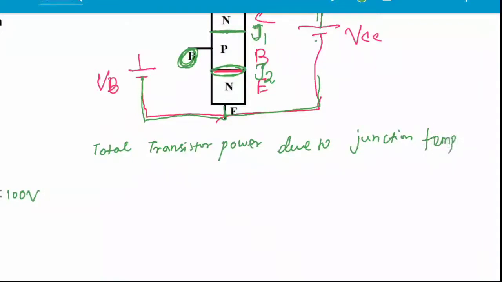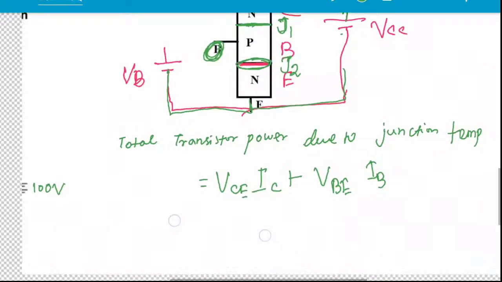Power loss is due to junction temperature. So P is equal to VCE IC plus VBE IB. That means the sum of the product of collector to emitter voltage and collector current, and that of base to emitter voltage and base current.